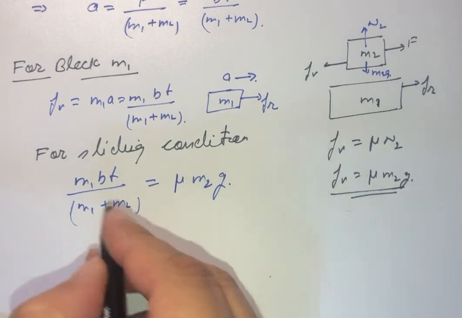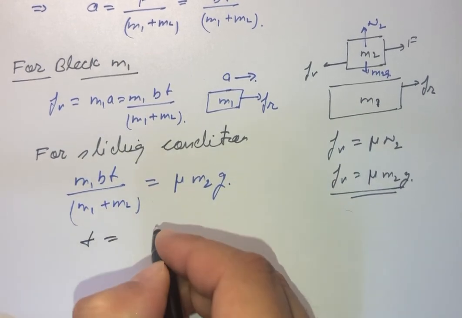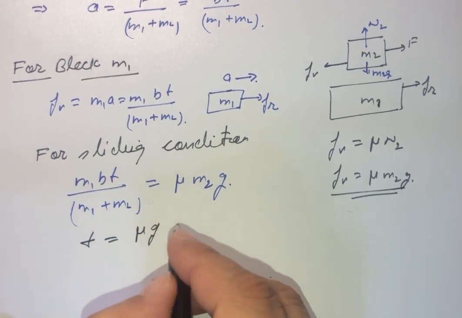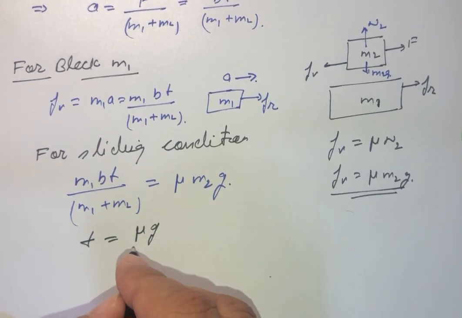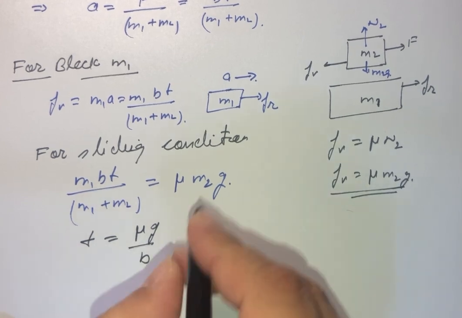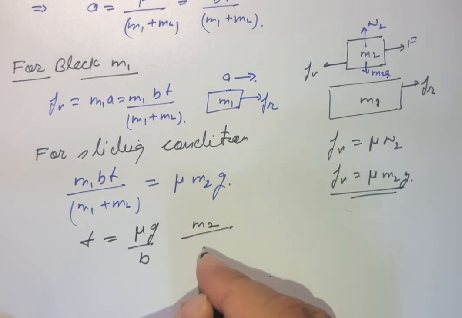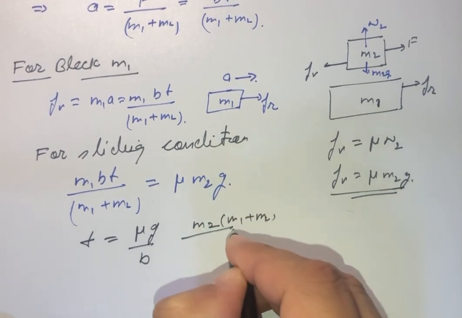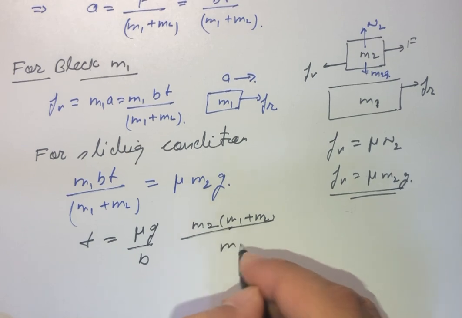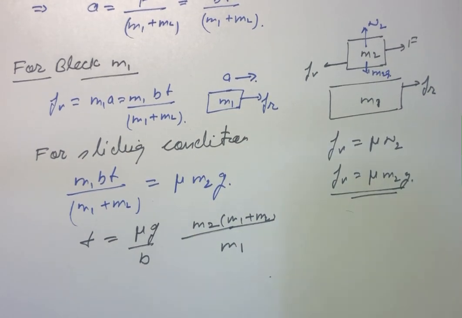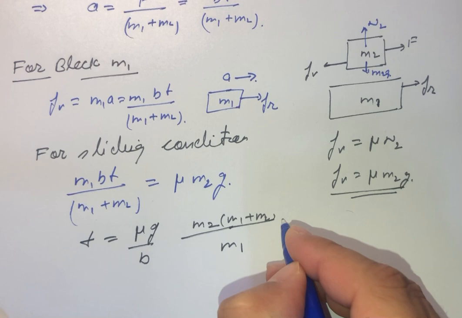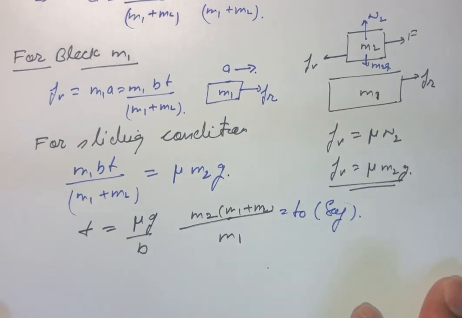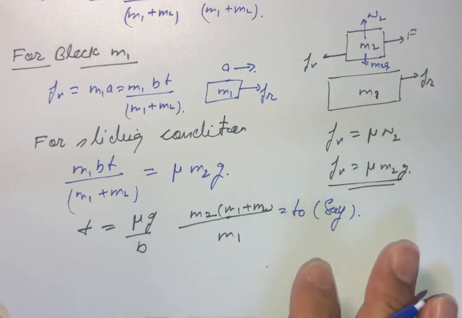From here we can find out our value of t. So t will be equal to mu g divided by b, multiplied by m2 into m1 plus m2 divided by m1. Let us suppose this entire value is equal to t naught.